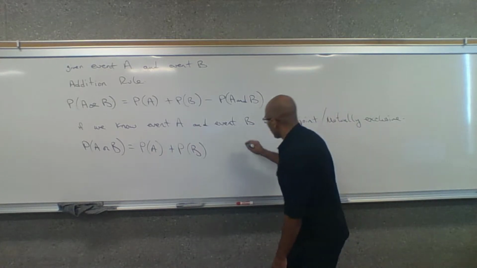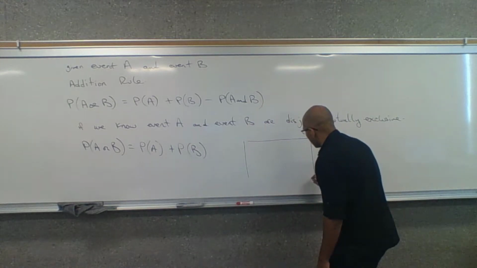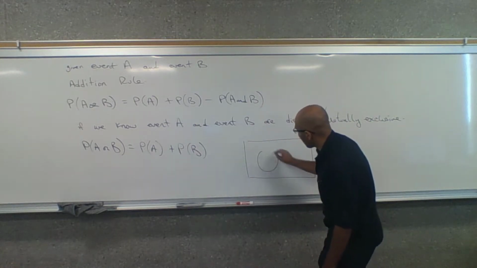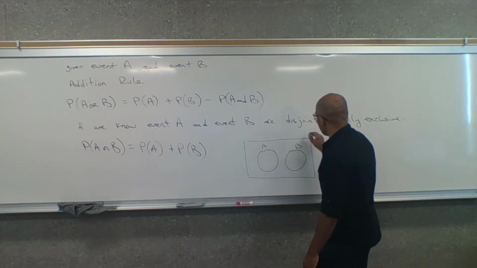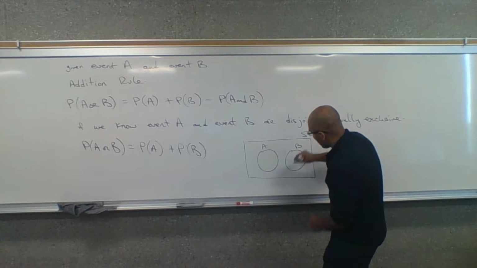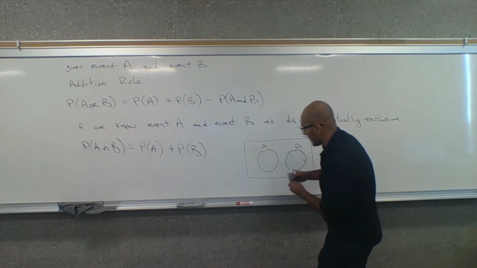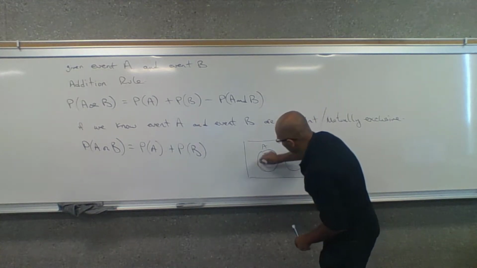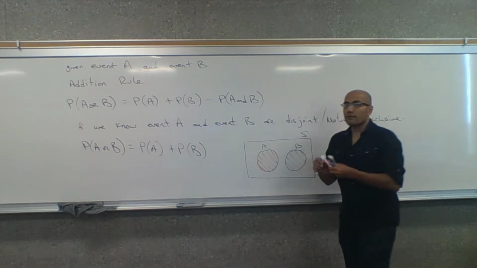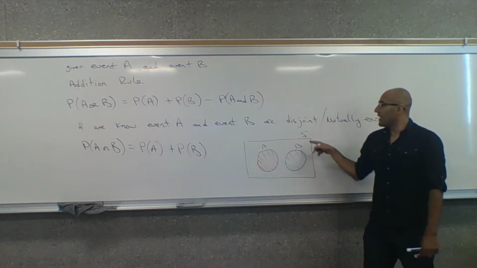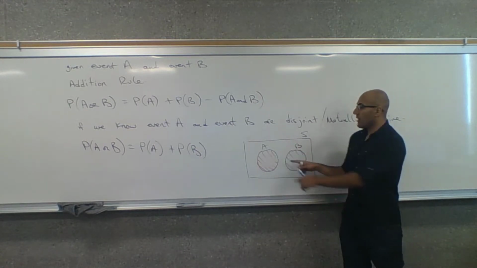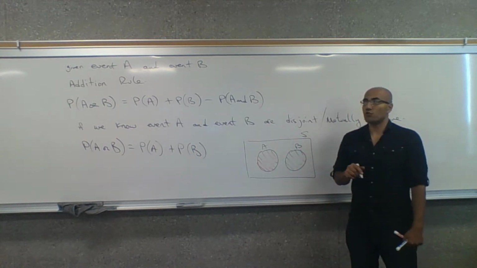We learned that we can describe this sort of situation with a Venn diagram that maybe looks like this, where this is A, this is B, this is our sample space, and here is event B, and here is event A, and they're disjoint, they have nothing in common. So here is a Venn diagram description of two events that are disjoint.